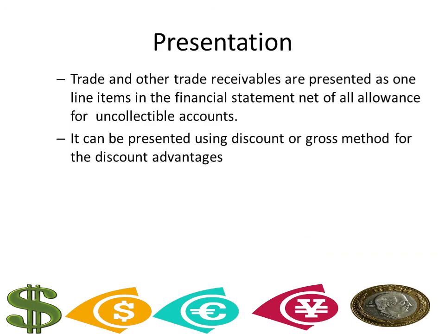So for the presentation, trade and other trade receivables are presented as one line item in the financial statements, net of any allowance for uncollectible accounts. However, the details should be presented in our notes to the financial statements, or our notes for the disclosure under trade and other trade receivables, so the reader would be able to know the components of our trade and other trade receivables.